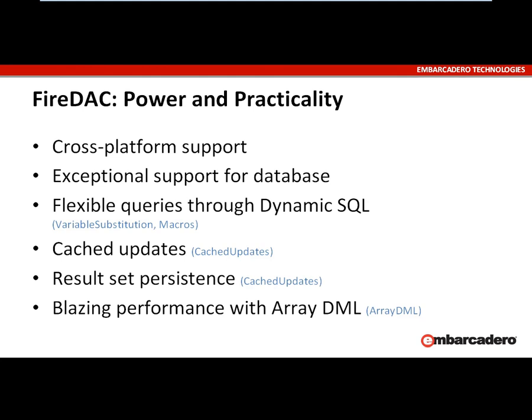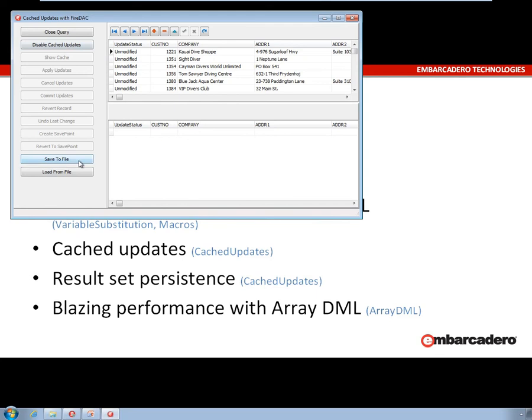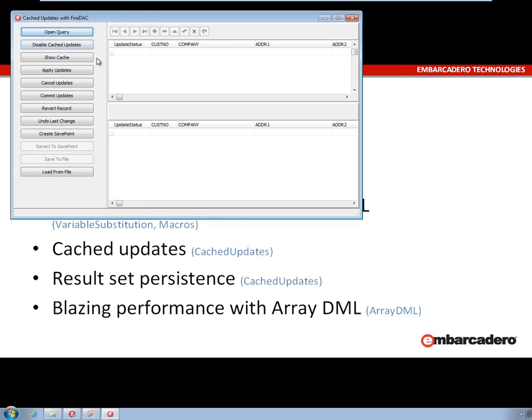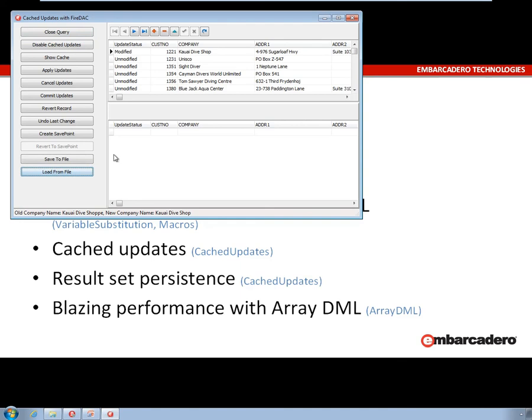My cached updates project actually demonstrates this. Let me make a change into the cache, a modified record. Now I'm going to say save to file. It's saved to a file. Now I'm going to close my query. I'm going to disable cached updates on my dataset, but now I'm going to load from file, and we are actually in a cached mode.